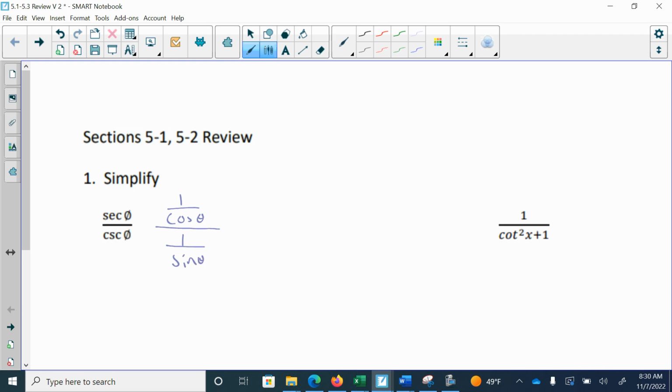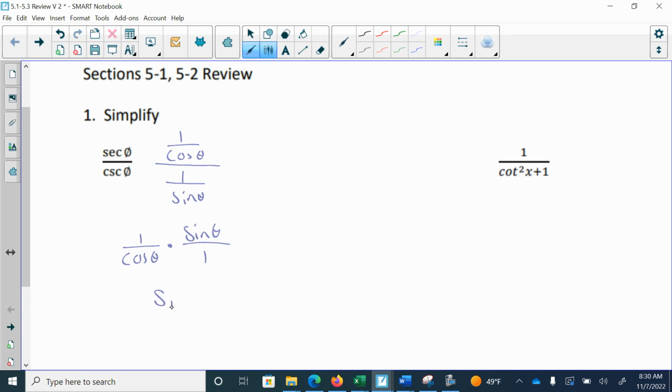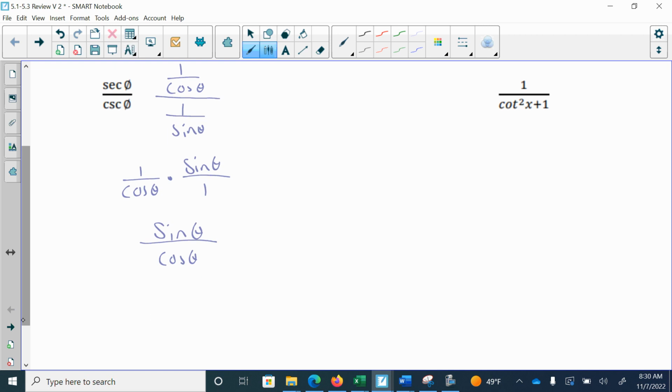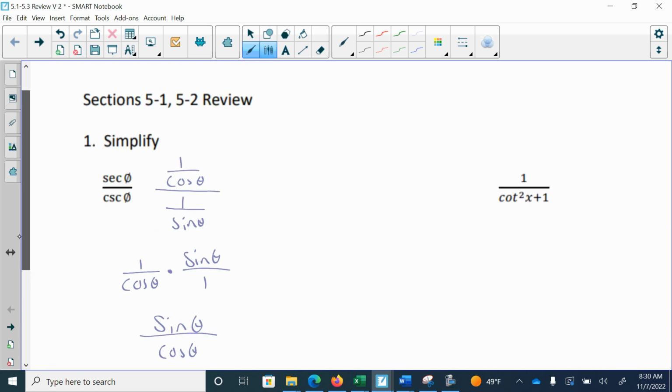Then I keep the 1 over cosine, change the division to multiplication, and flip 1 over sine to sine over 1. When I multiply, I get sine over cosine, which simplifies to tangent of theta. And that is my final simplified answer.